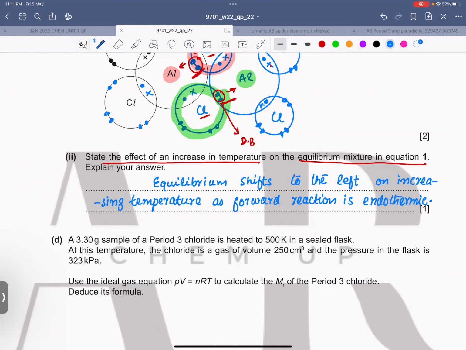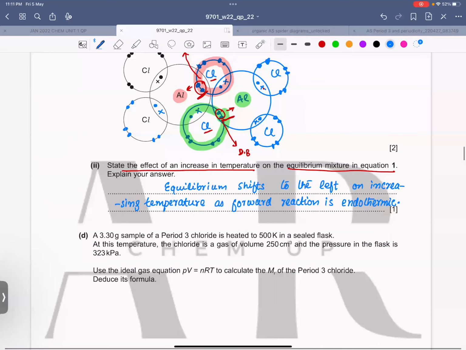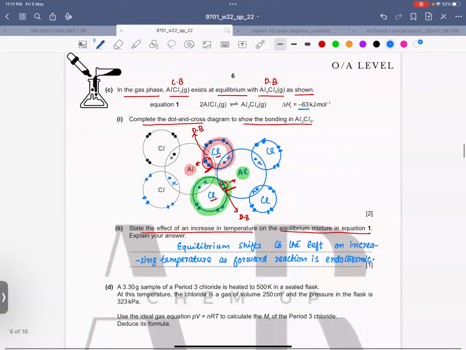Is this understandable to everyone? Forward reaction is exothermic, that's why. Or instead you can write that the backward reaction is endothermic, then it is also considered as correct, okay?